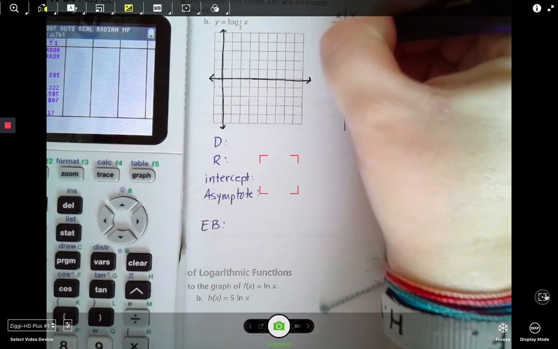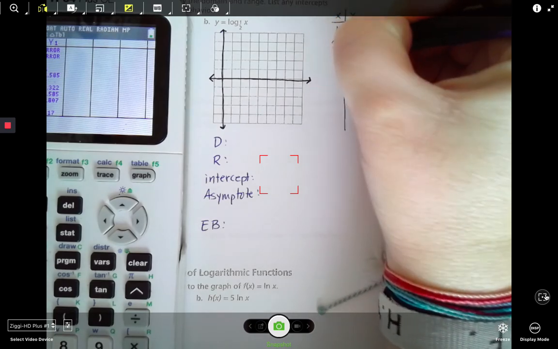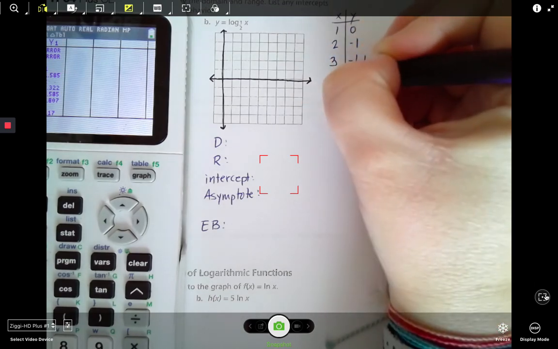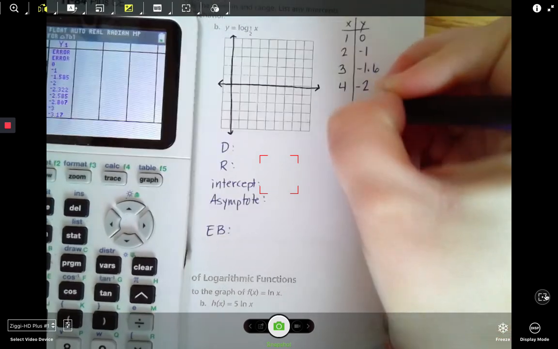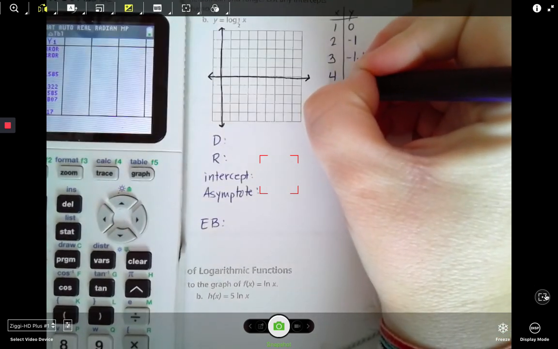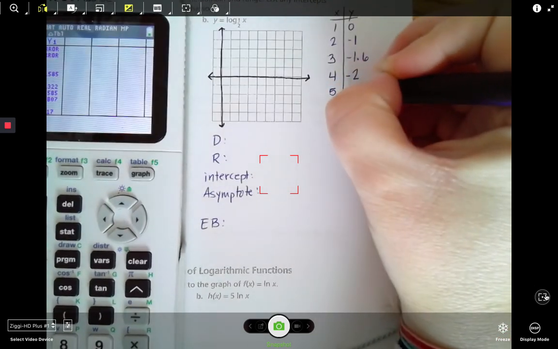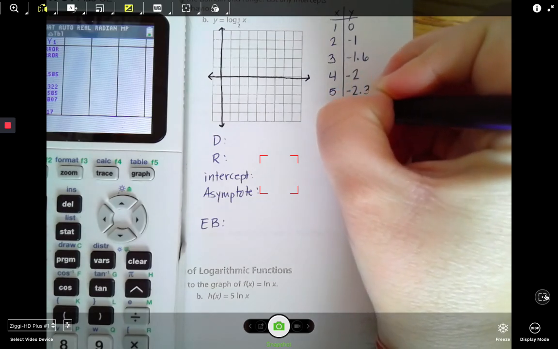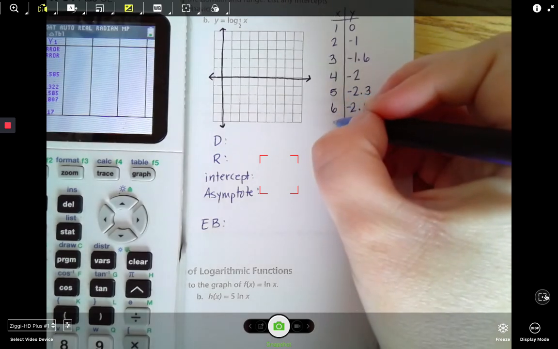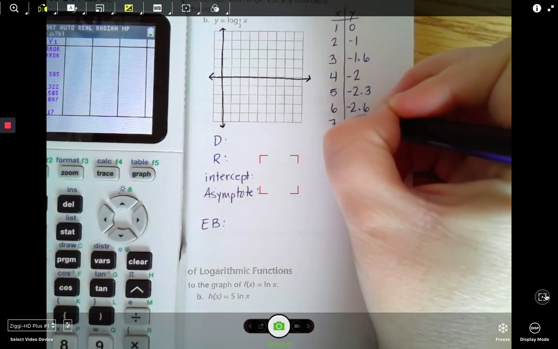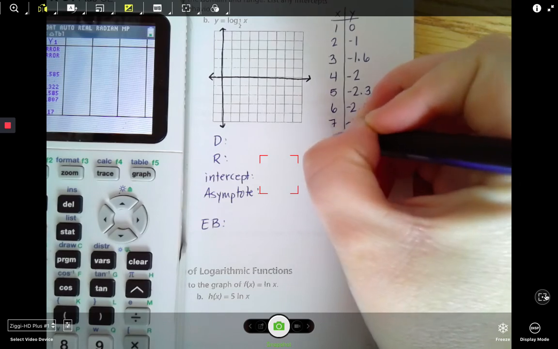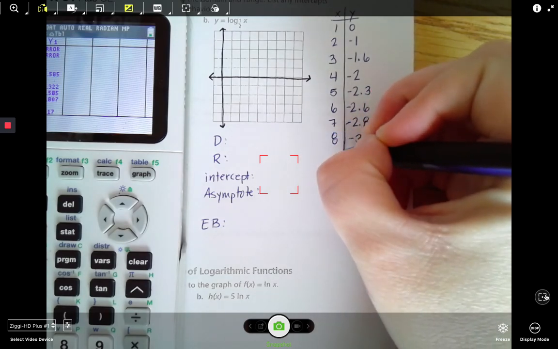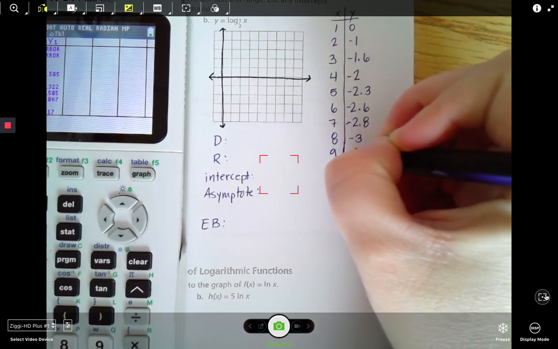Right, 1, 0, 2, -1, 3, -1.6, 4, -2, 5, -2.3, 6, -2.6, 7, -2.8, 8, -3, 9, -3.